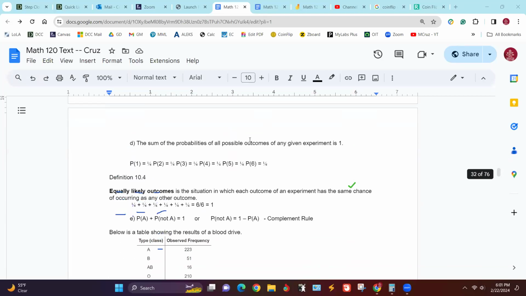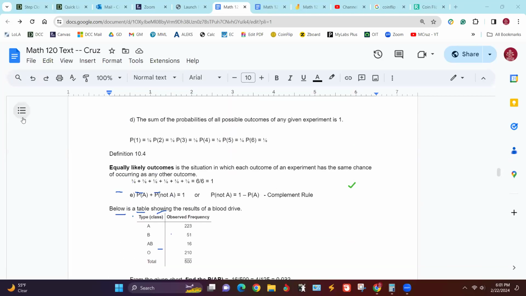So look at this right here. The probability of a 1 is 1 over 6. The probability of a 2 is 1 over 6. The probability of a 3 is also 1 over 6. The probability of 4 is also 1 over 6. The probability of 5 is 1 over 6. And the probability of 6 is 1 over 6.